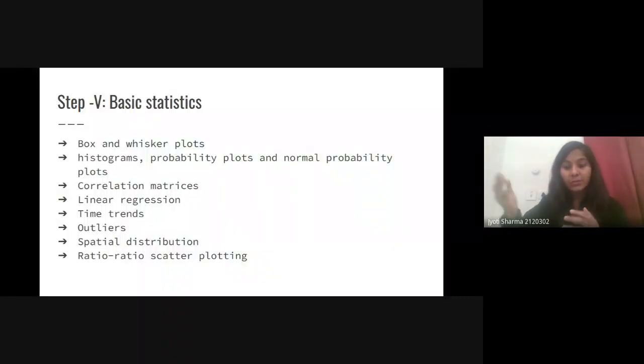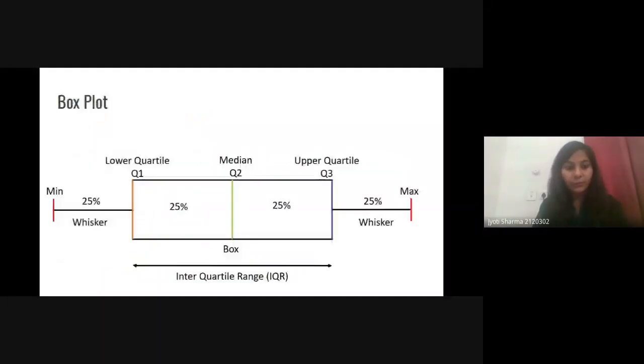Also what the mean value of that particulate matter in your atmosphere is, and what may be the outlier, because after doing the sampling you will get some data. So you have to know how that data is distributed.